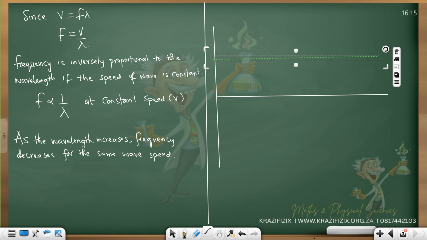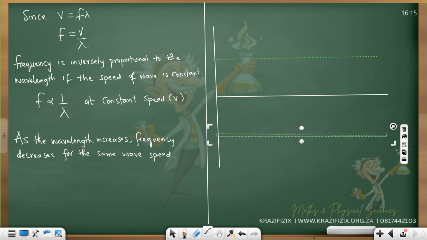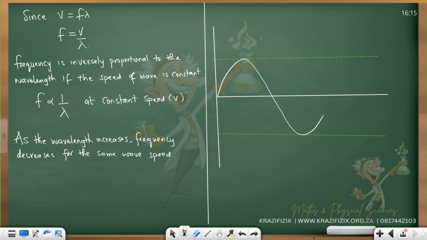I want to show you what I mean here. I'm just going to use these green lines as my quick guide. I'm sure you all still remember this type of thing. If I look at that, let's call it A. I want you to see this, and this is examinable.